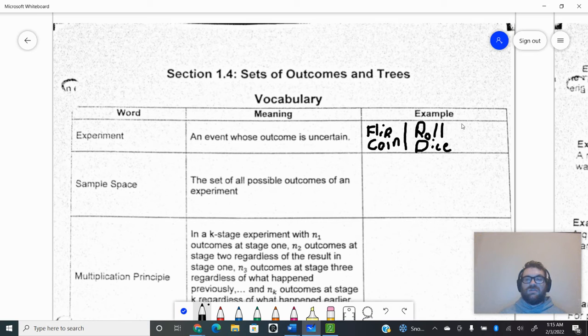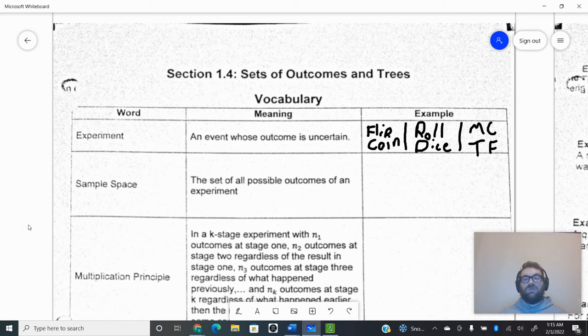A standard die has 6 different outcomes, and you don't know which one it's going to be. That makes it an experiment. It's uncertain. The last one could be maybe a multiple choice question on a test. We'll see some of those in our examples, or something with true false. We don't necessarily know what the outcome is.